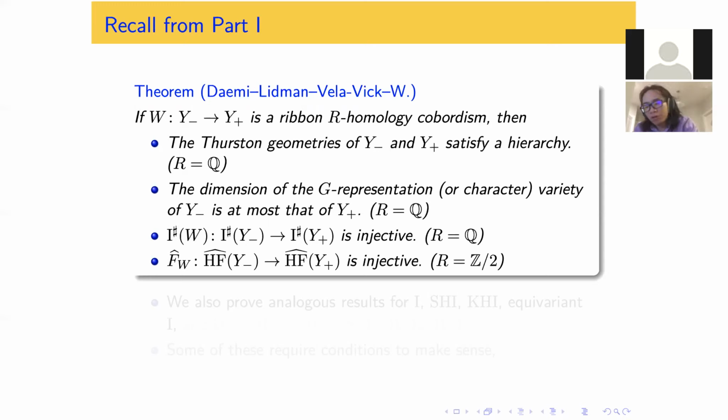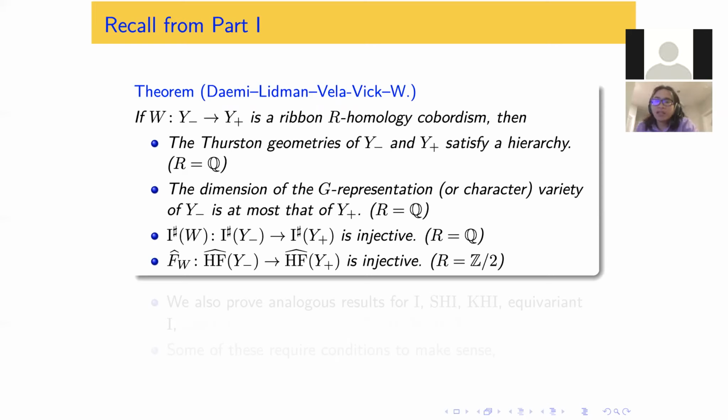I want to also point out here that we prove something stronger than the statement written here about G representation varieties. We actually show the following.